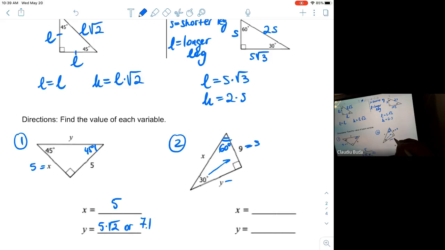So the longer one equals the shorter one times root 3, which is 9 root 3, or 15.6. And x is the hypotenuse, which equals twice the shorter one. So 9 times 2, which is 18.